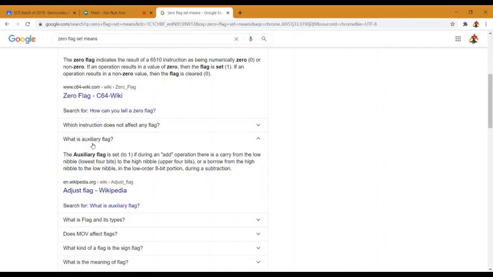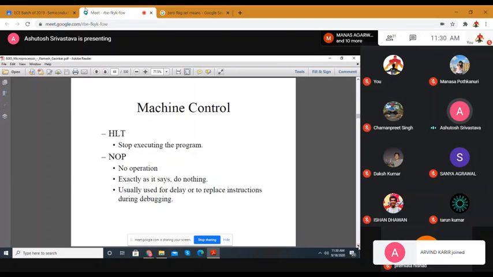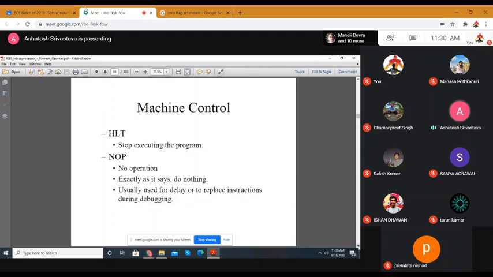Okay, so now we go to the next thing, which is machine control. So once you have written the complete instruction code, you need to inform the machine to stop executing the program. And that is done by your halt statement. The other type of machine control statement is your NOP, or basically no operation.